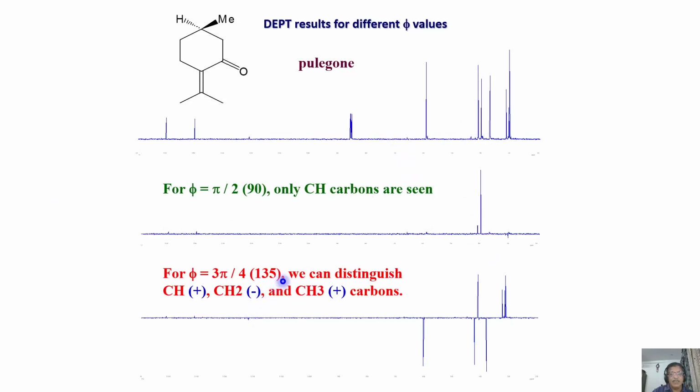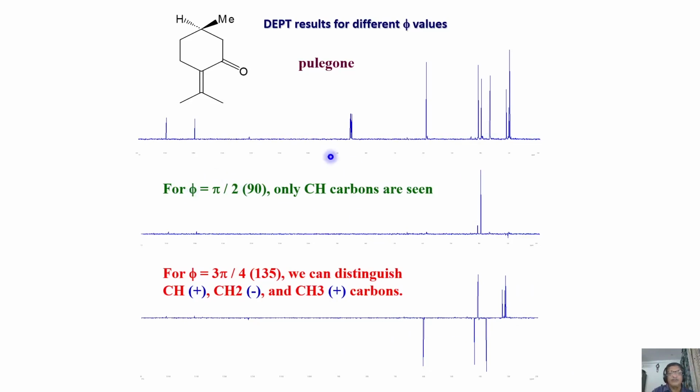DEPT 135 degree. What is happening here? CH2s are negative. CH and CH3s are positive. So that means there are 3 carbons here with 2 protons. These are all CH2 carbons. You see this one, and somewhere here, this one. These 3 carbons are CH2 carbons.